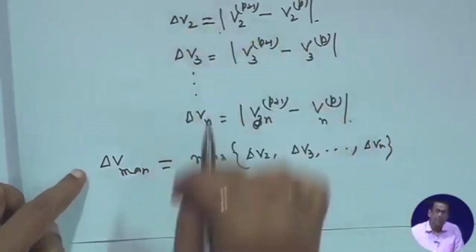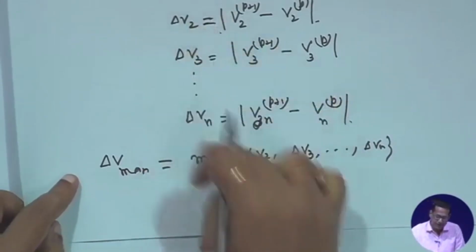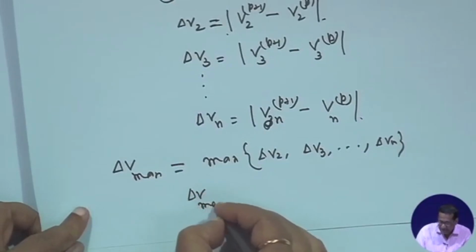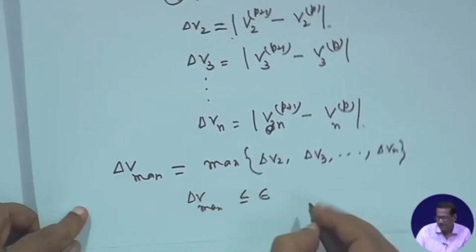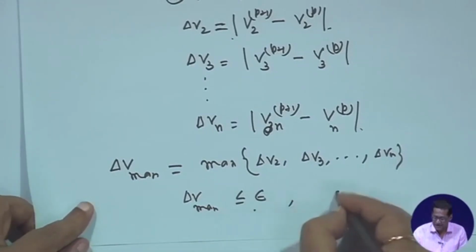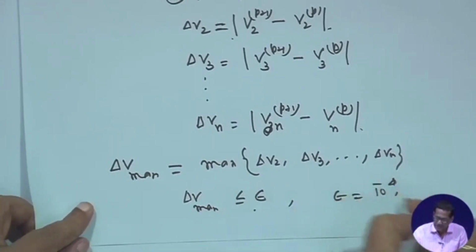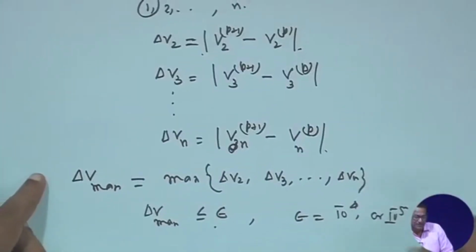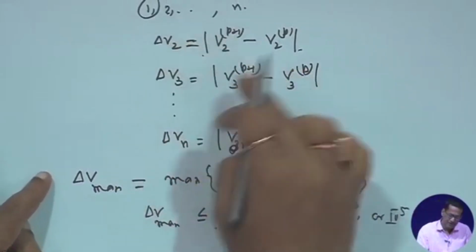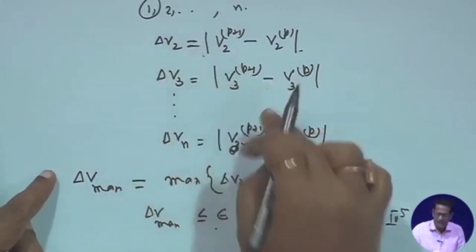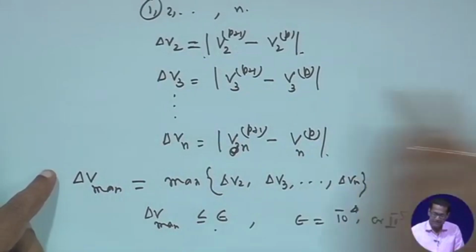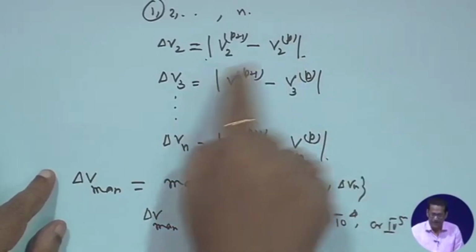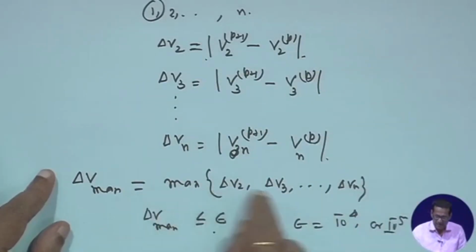That means all these you have computed, then you take the maximum of all these values, and if delta V max is less than or equal to epsilon, then the solution has converged. You assume epsilon may be 10 to the power minus 4 or 10 to the power minus 5, that depends on the accuracy. That means in every iteration you see the difference between the current value and the previous iteration value for V2, V3 up to Vn, take the magnitude, and out of these take the max.